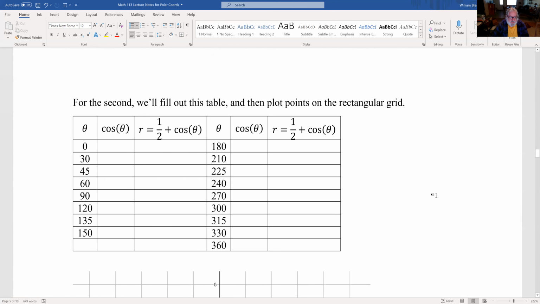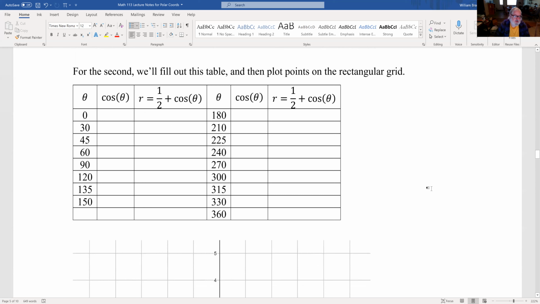So second table, what's cosine? Cosine starts at 1, and then it starts decreasing. So root 3 over 2, 1 over root 2, 1/2 down to 0. That's the first quadrant. Now in the second quadrant, cosine is negative, but we're going to start climbing again.